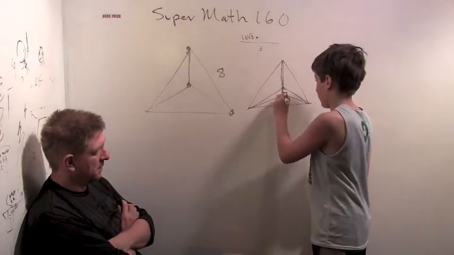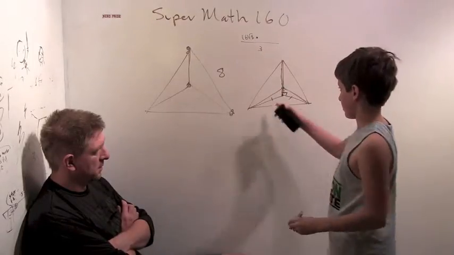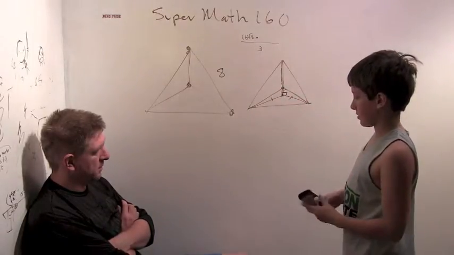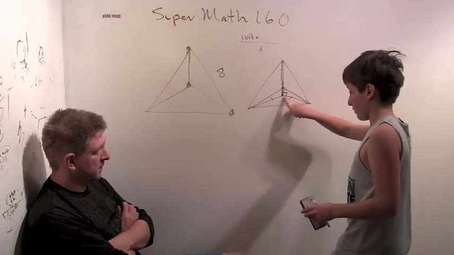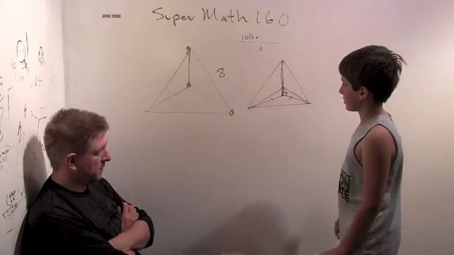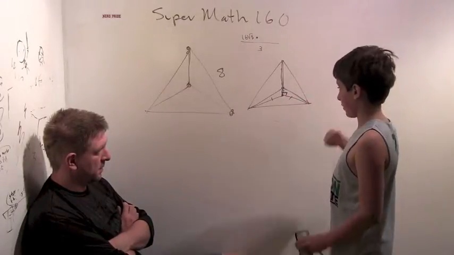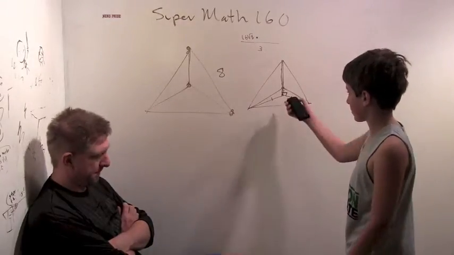And the fact that they're congruent means that these three lines are the same. Which means that this is the center of the circumscribed circle. And it also means it's the centroid, because it's the center of the medians. Because the medians are the perpendicular bisectors in this case.